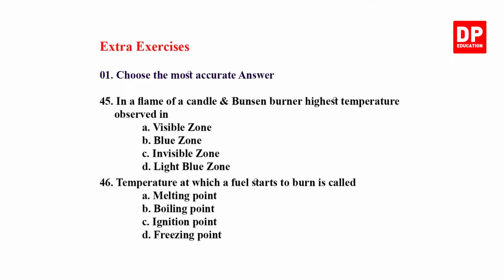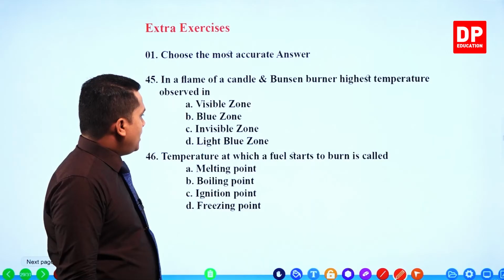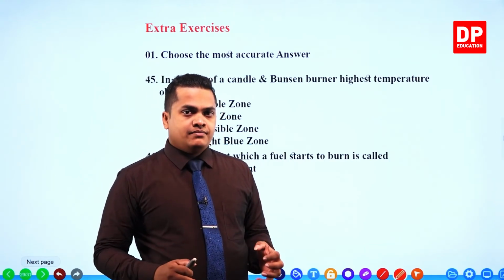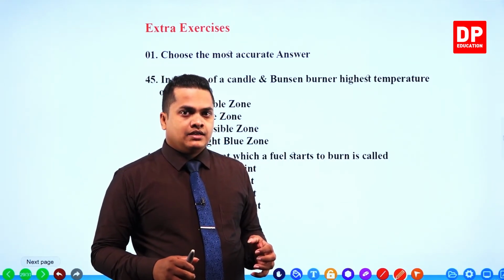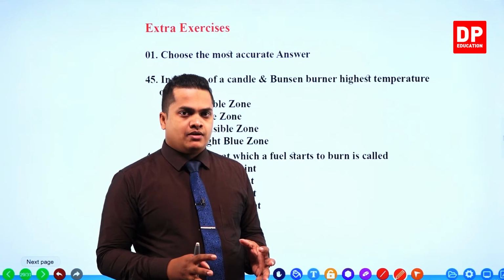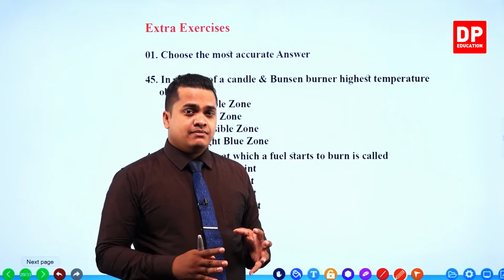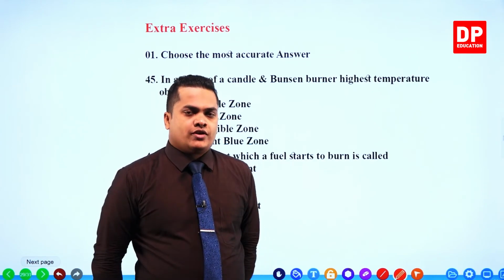In a flame of a candle and a Bunsen burner, where is the highest temperature observed? In a candle flame, the highest temperature could be observed in the barely visible zone or invisible zone.